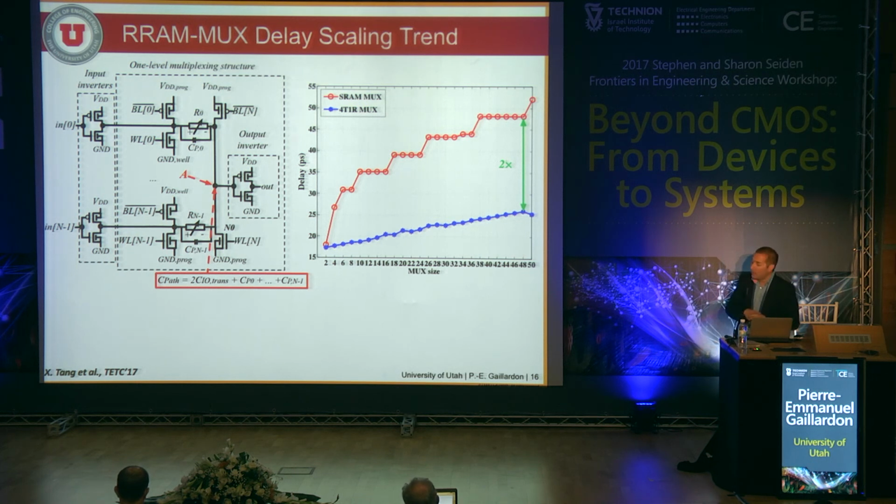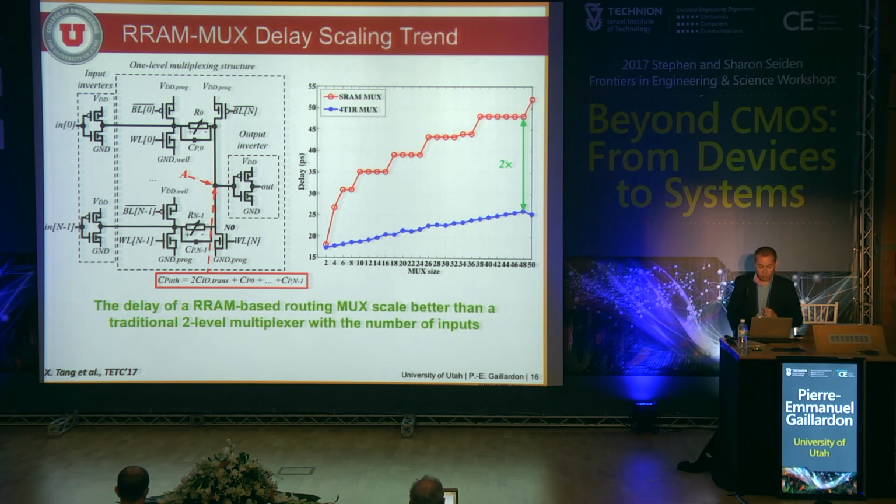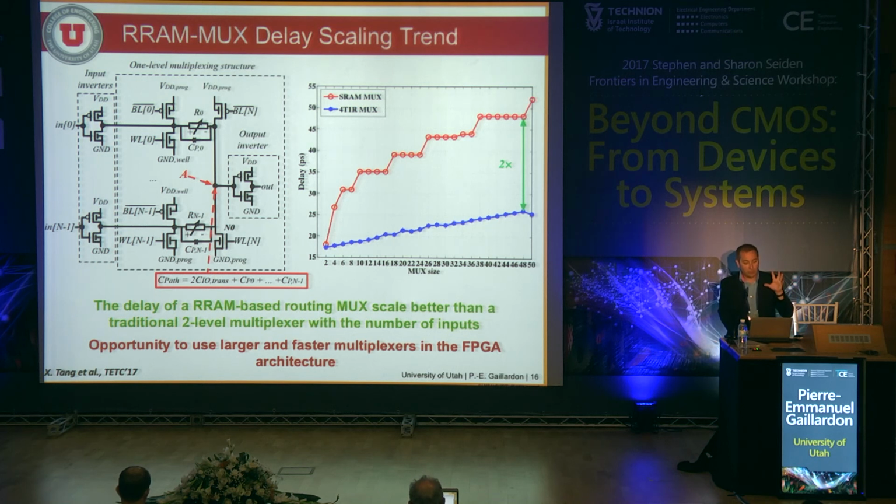And what we can see is that RRAMs do scale much better because we have a lower parasitic capacitance at the internal node. And what is quite interesting here is that we'll have an opportunity to use larger multiplexers in our structure and revamp the FPGA architecture a little bit. So we have the opportunity to use larger and faster multiplexers in the FPGA architecture.